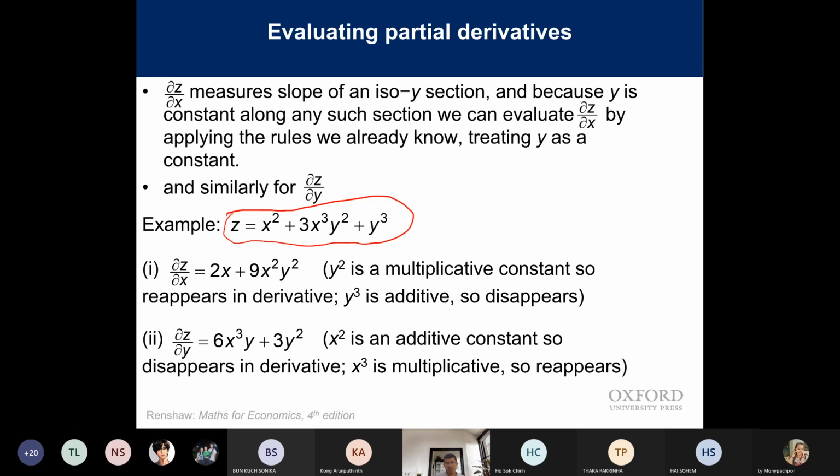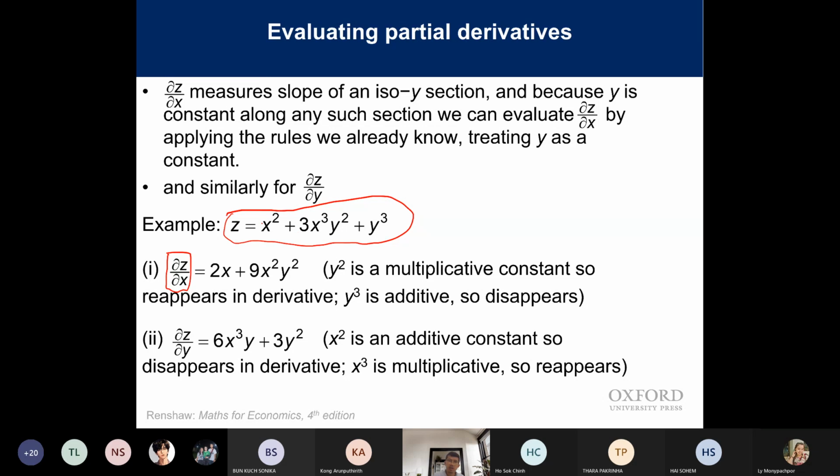If you want to differentiate z with respect to x, you let y be a constant, or treat it as a constant. Then use the usual rules from the usual derivative.